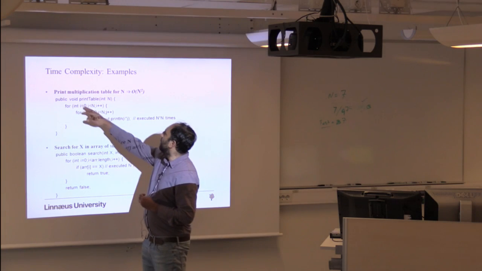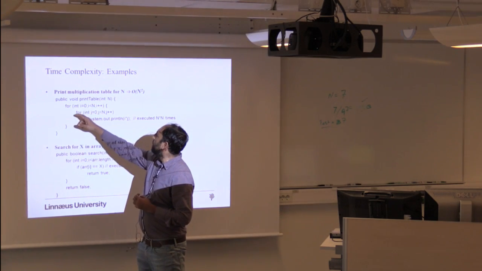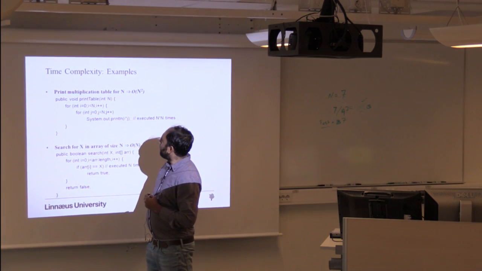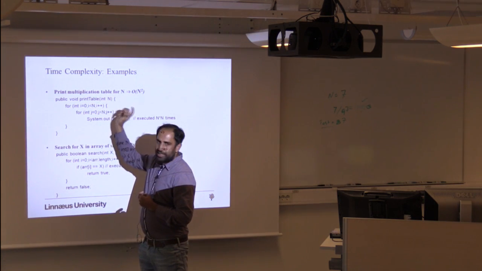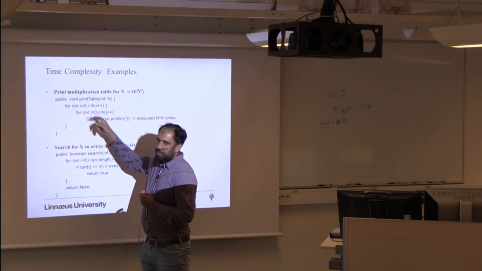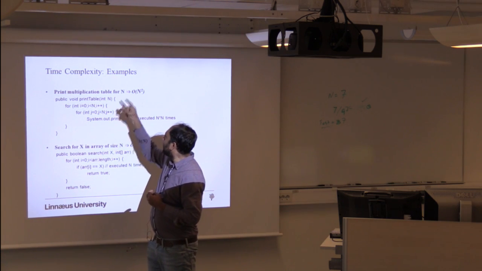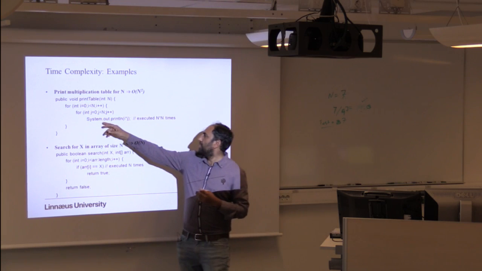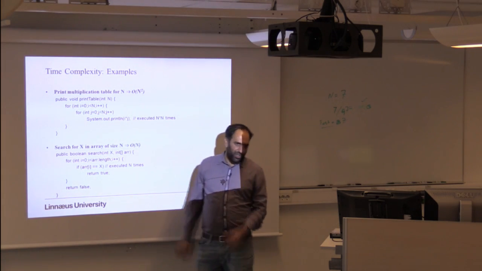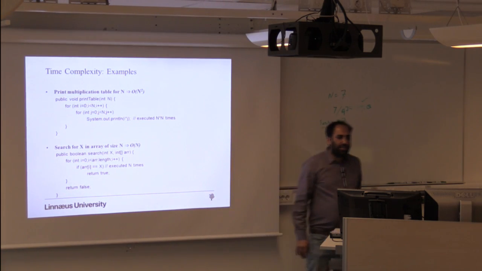So we have this method written here; it starts from 1 and goes until that number, and it prints multiplication values. We have 2 nested loops, and in the inner loop we are printing the result of that table.